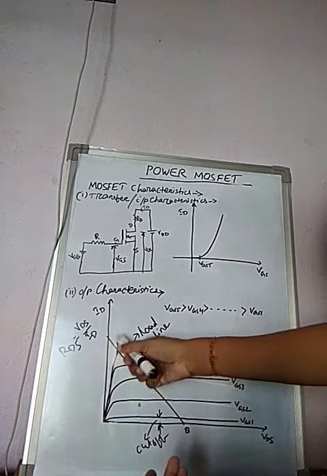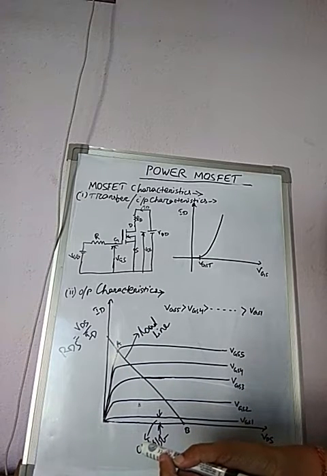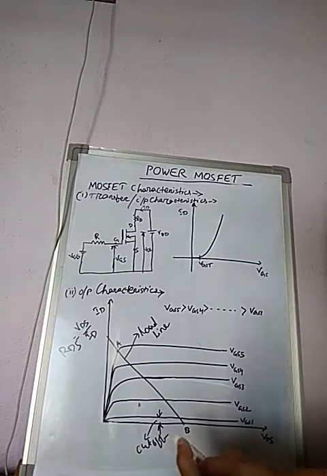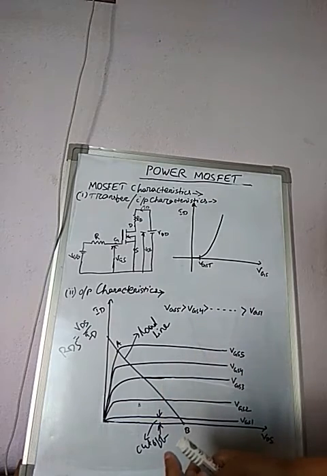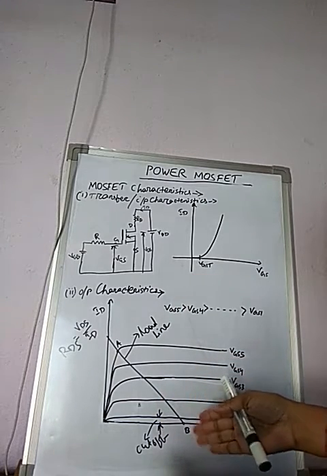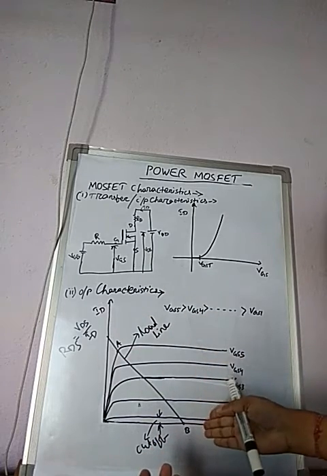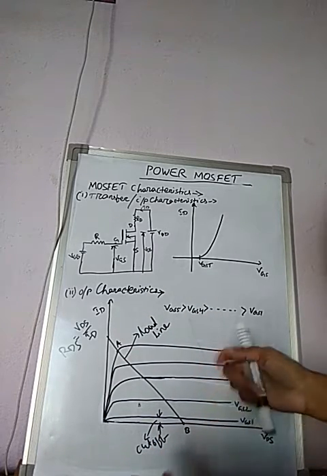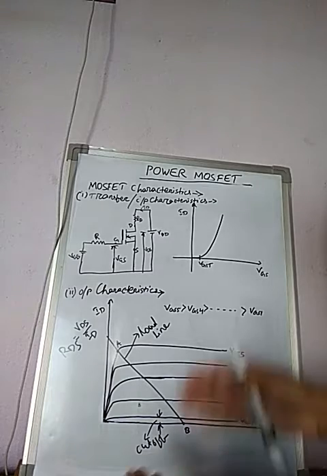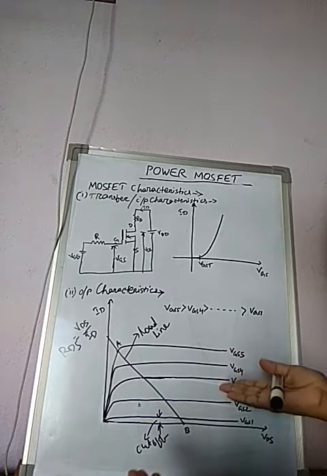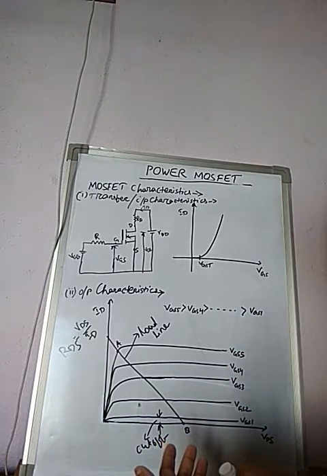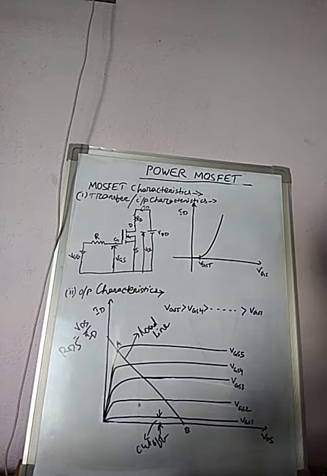So that's why here A point represents fully on condition. Okay, so here also MOSFET operates as a switch. At A point it acts as an on switch. At B point it is in off state. So here also this power MOSFET can operate as a switch like a BJT. Okay, so this is the total details of the MOSFET characteristics.